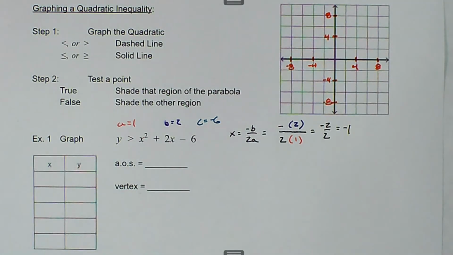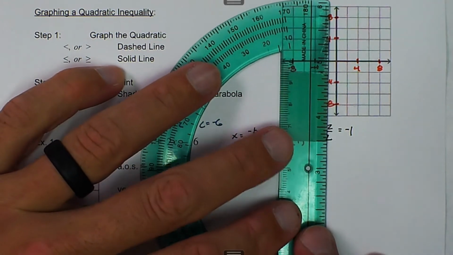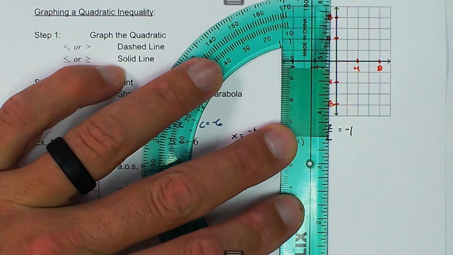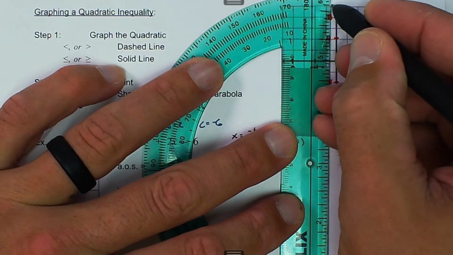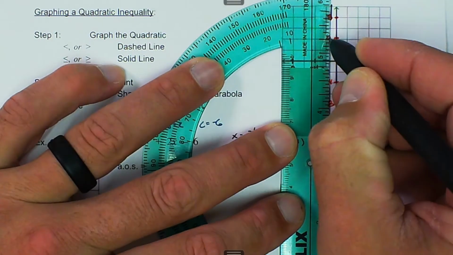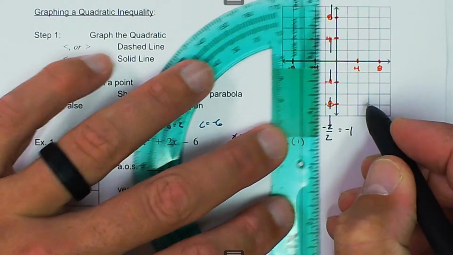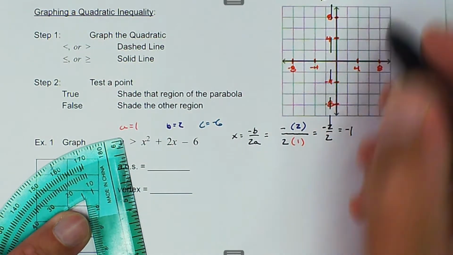And then I can sketch my line at x equals negative 1. So x equals negative 1 is going to be halfway between the y-axis and 2. So this is x equals negative 1.